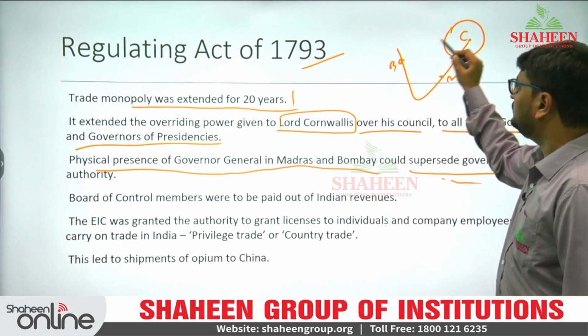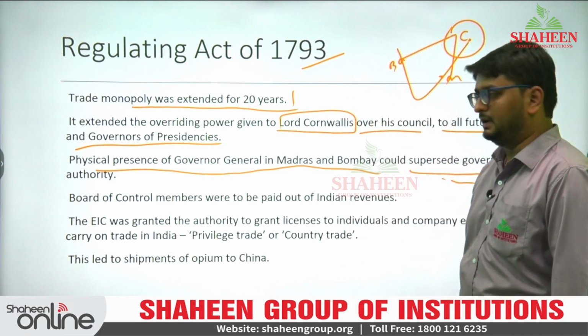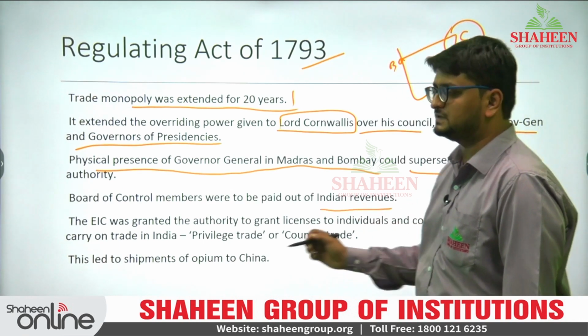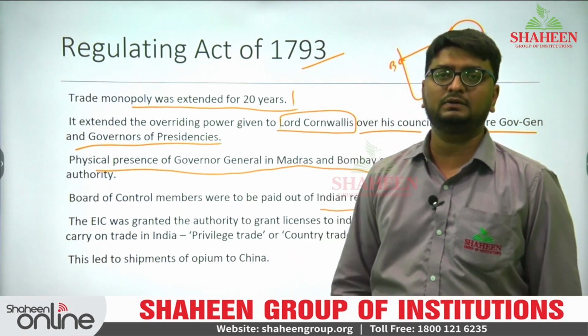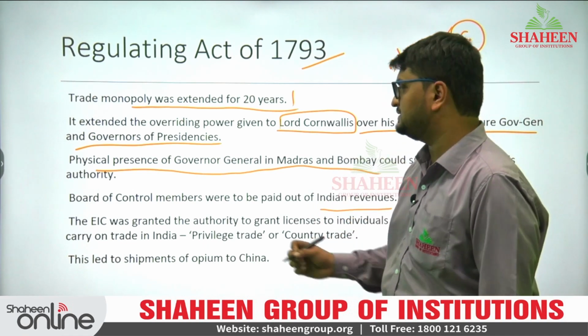Then the Board of Control members were to be paid out of Indian revenues. This is very interesting. This is also an aspect of how the powers of the East India Company were reduced. What is this Board of Control?